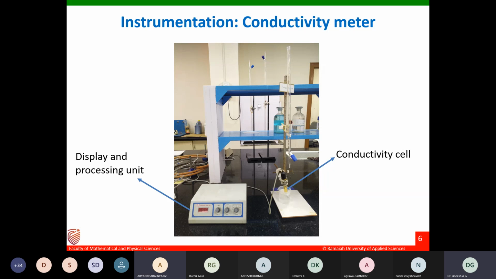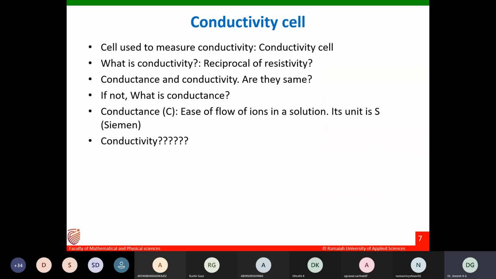So whichever solution's conductivity you want to know, just put the conductivity cell into it, switch on the machine, and you will get the measurement. Very simple. Measurement of conductivity is not a big task. By just putting the conductivity cell in the solution, you will get the conductivity of that solution. Now, going back to the theory.